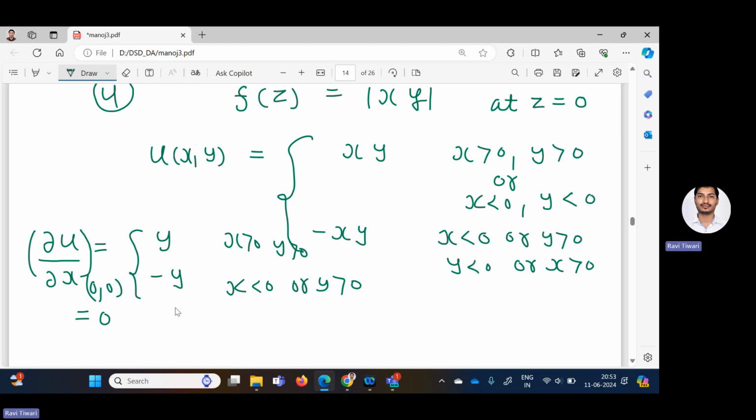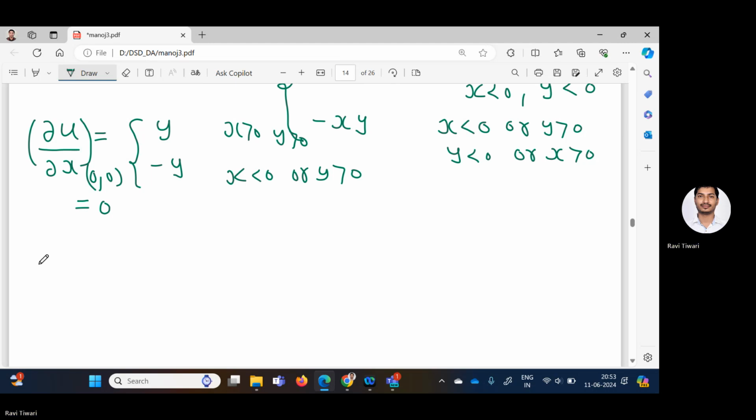Similarly, when you calculate dou u by dou y at 0 comma 0, first we can calculate dou u by dou y by differentiating the same function with respect to y. You will get x, and here minus x.